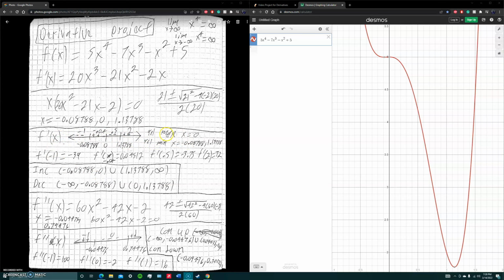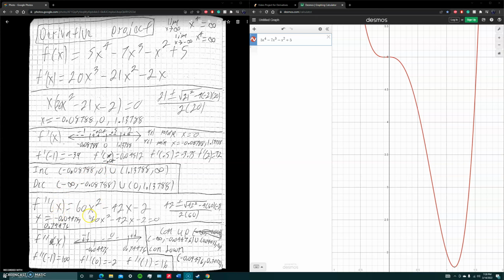The relative max was at x is equal to 0, and the relative mins were at x is equal to negative 0.08788 and 1.13788.